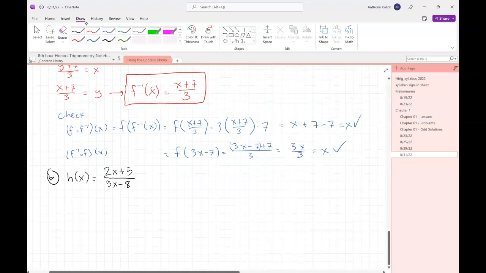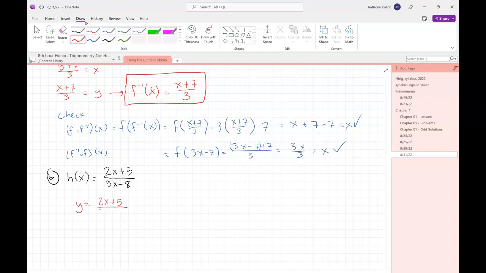All right. How about this one here? Ew, boy. This is a simple rational function. You should recall that from last year.